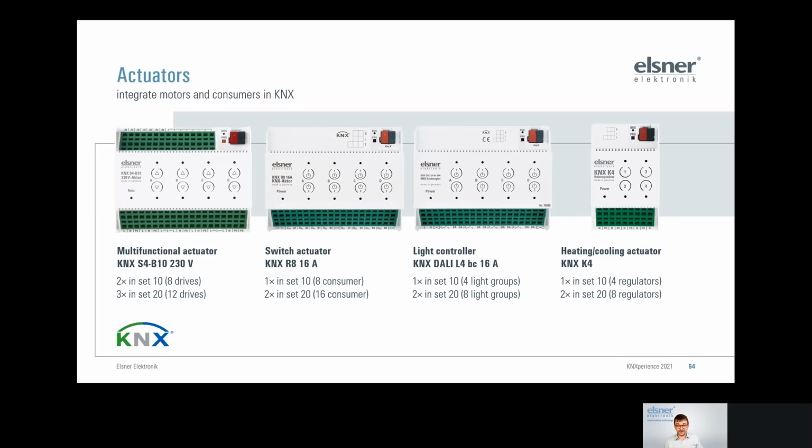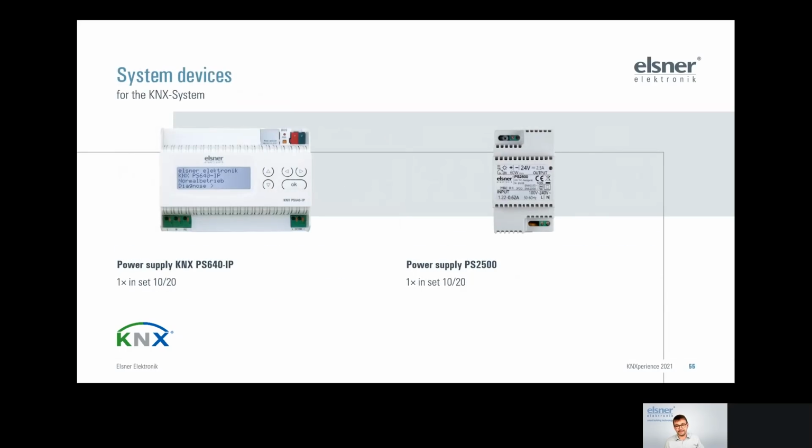Finally, 1 or 2 heating/cooling actuators are included with 4 or 8 controllers. A KNX supply with integrated IP router is included as a standard system device. A 24-volt DC power supply is required to supply the CasaConnect and the weather station.